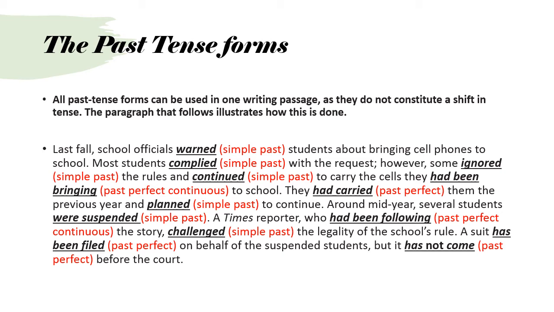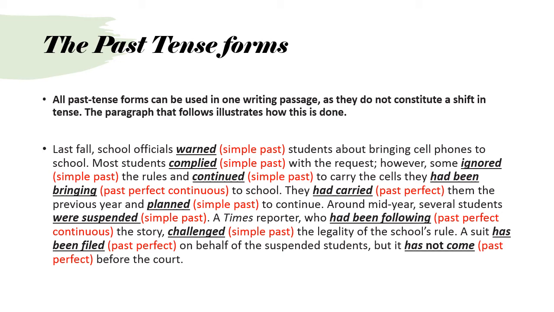In this case, if you carefully observe, all the four past tense forms are used, like simple past in the case of warned, complied, continued, challenged, and planned. And in the same way, past continuous has been used, and past perfect has been used, and past perfect continuous has also been used.